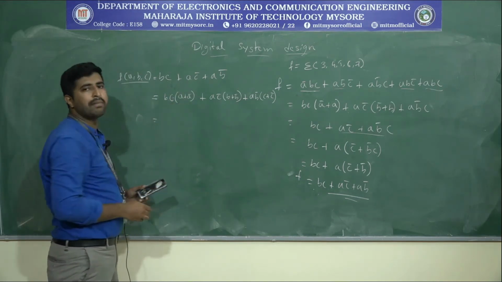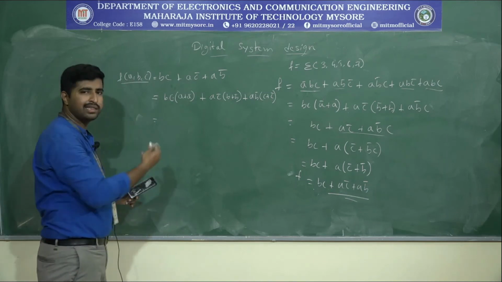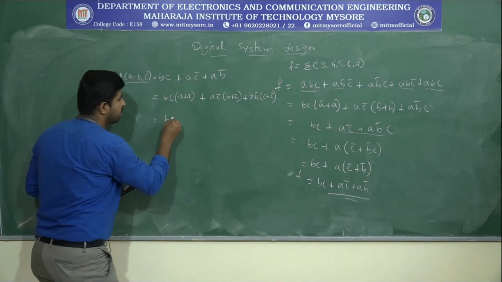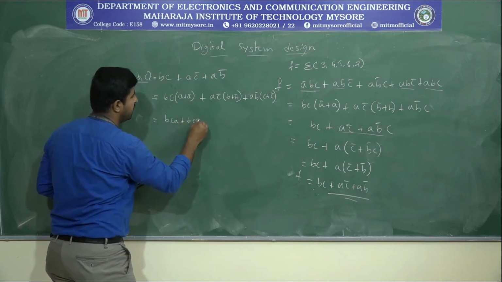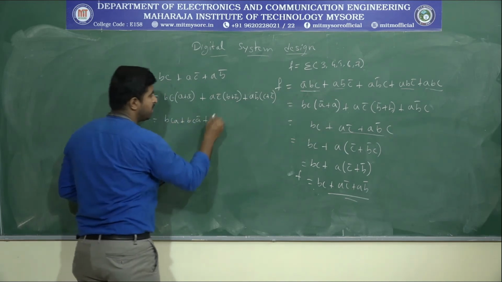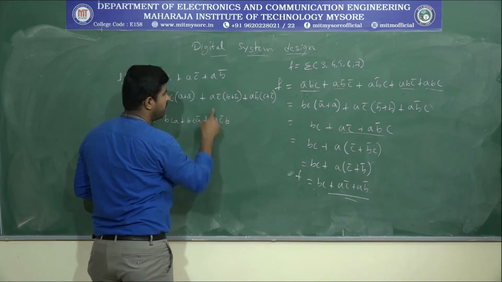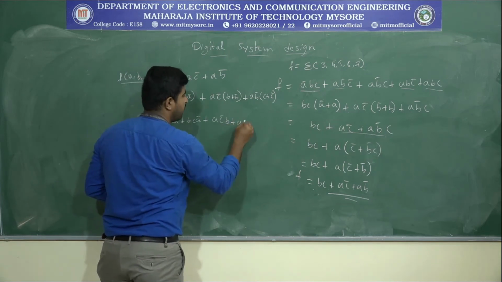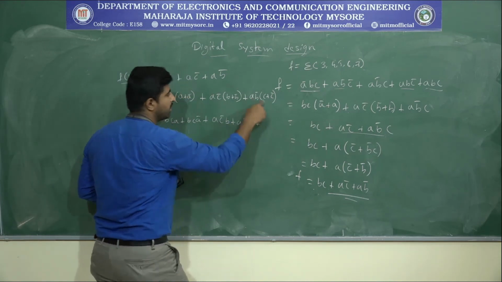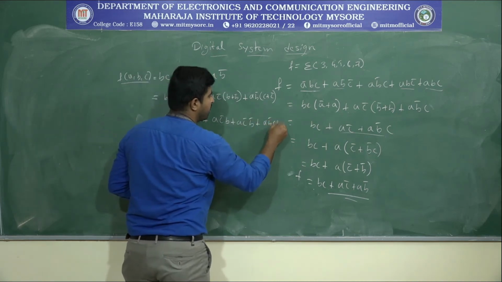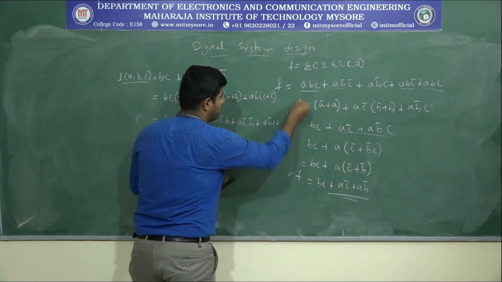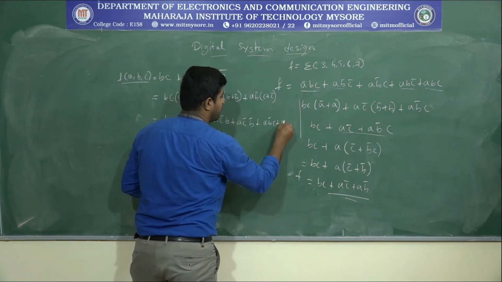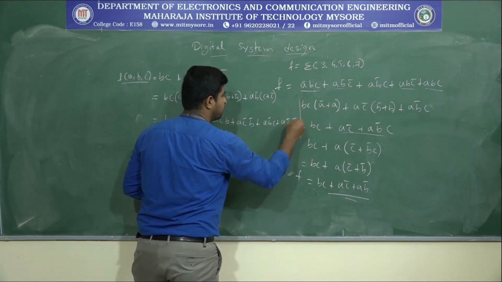We can multiply this out by using the Boolean theorem. So BCA plus BCA bar, then AC bar B plus AC bar B bar, next AB bar C plus AB bar C bar.